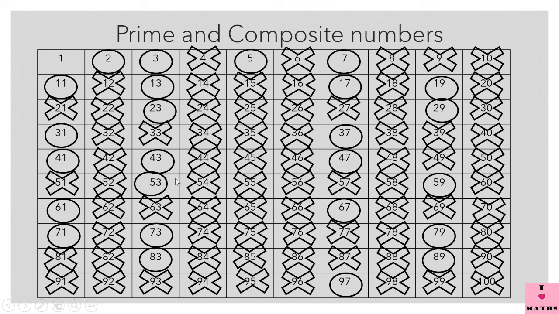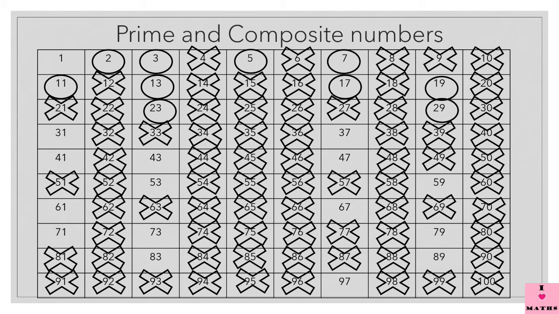Okay, I'm going to take one slide back and show it to you. See, now 31 twos is 62. So let us see whether 62 is, yes, 62 has already been crossed. 31 threes is 93. Okay, 93 is already crossed. 31 fours is 124, which is not there in the table.